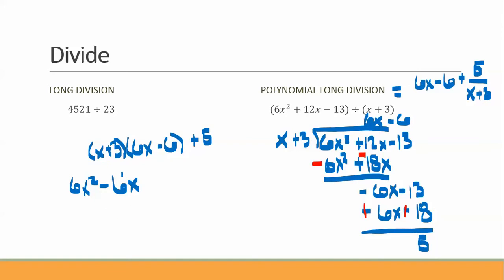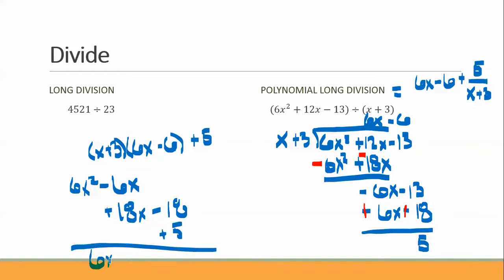I'm going to set it up vertically, and I'll tell you why when I'm done. Plus 3 times 6x is plus 18x, and then minus 18, and then plus 5. Adding all our like terms, we have 6x squared plus 12x minus 13. This is the same as what's under here, so our answer is correct.